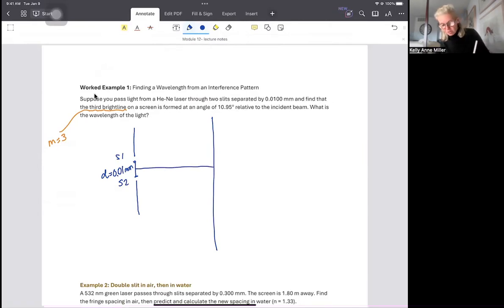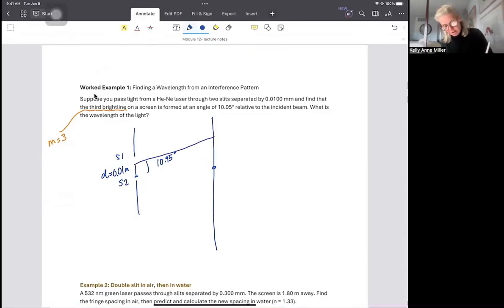The angle from there to there is 10.95 degrees. I didn't draw this very well, so let me redraw it.